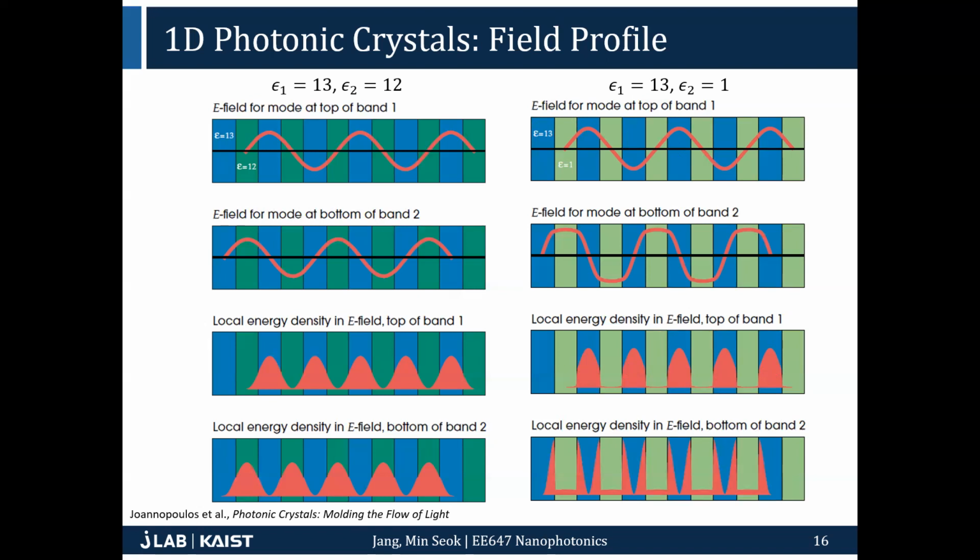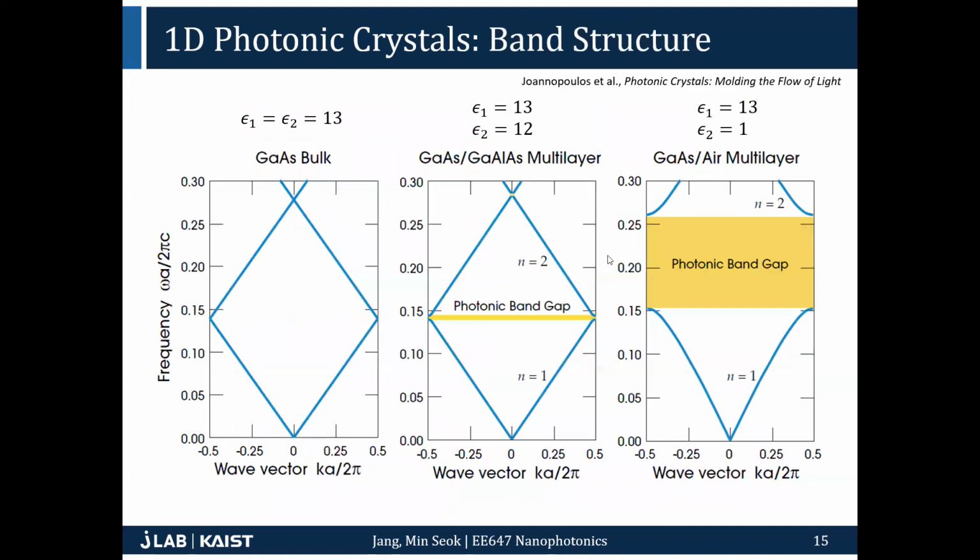It's not super easy, but at least it's comprehensible. If you follow the procedure step by step, you can get the conclusion where you have a photonic band gap in a 1D crystal.